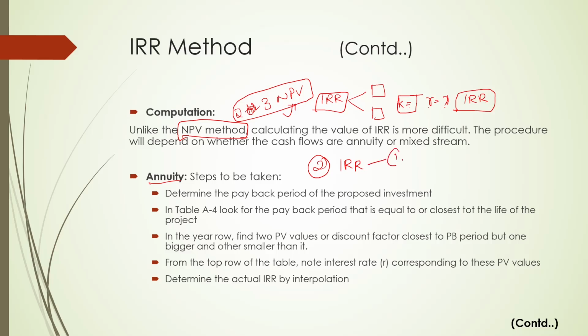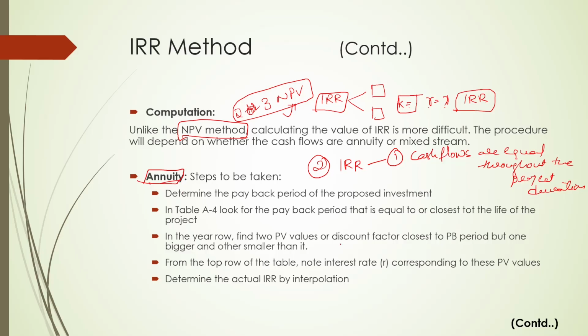One, when the cash flows are equal throughout the project duration. When these are the same every year, you are expecting the same return, then we call it an annuity. So here we have one kind of procedure.